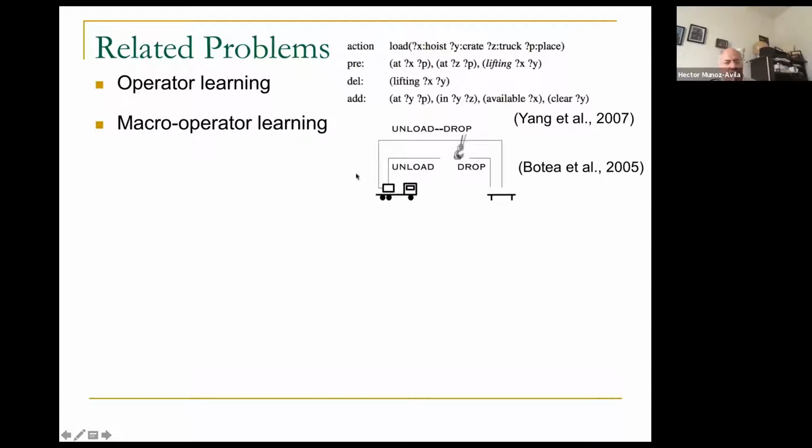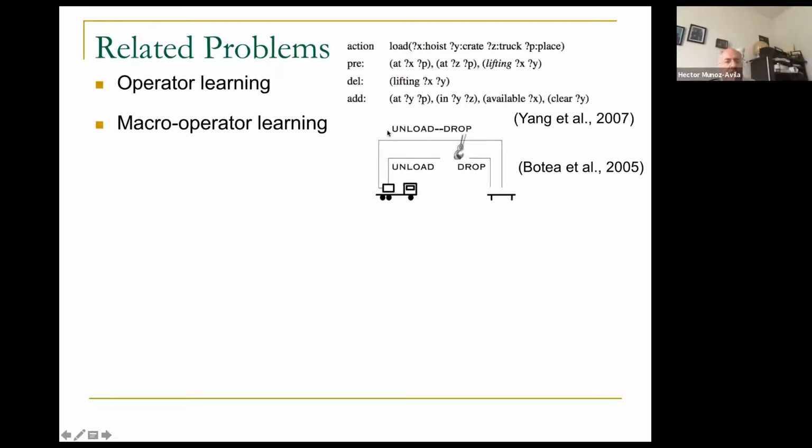The next one is macro operator learning. With this schematic, I can try to illustrate the work, and you can look at Adi Botea's work on this, and many others have worked on this problem. A macro operator basically allows you to jump 2 or 3 states or more. In this case, we have a macro operator in one of these transportation domains that performs 2 operations at the same time: an unload and a drop.